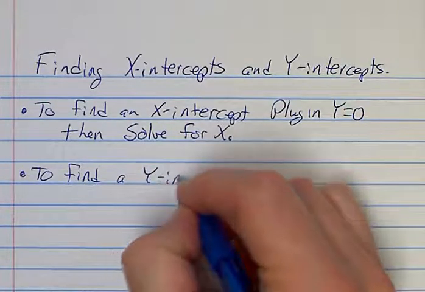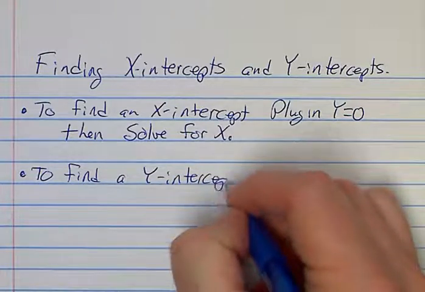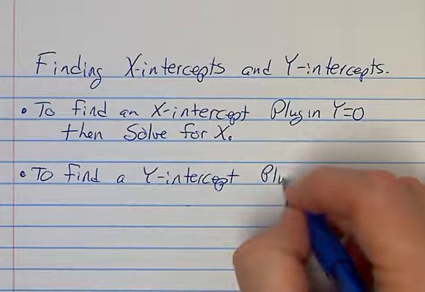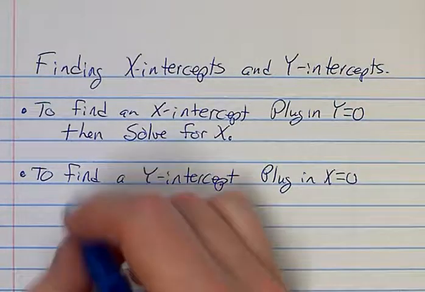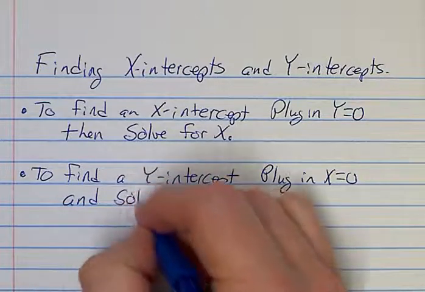And to find the y-intercept, it's just the opposite. Now you're going to plug in x equals 0 and solve for y.